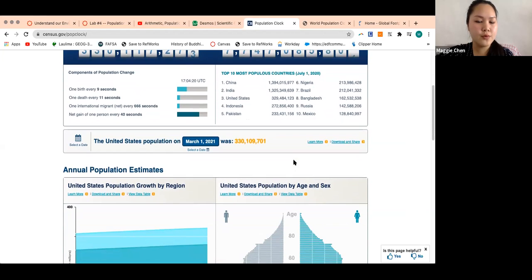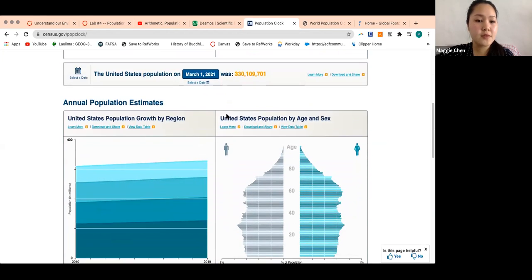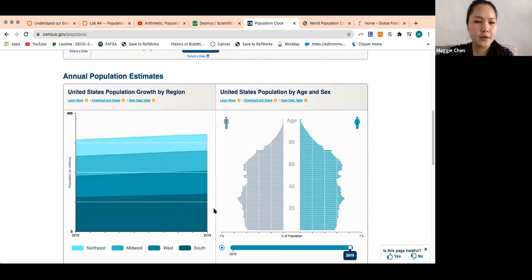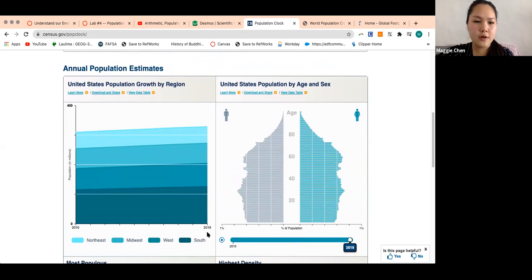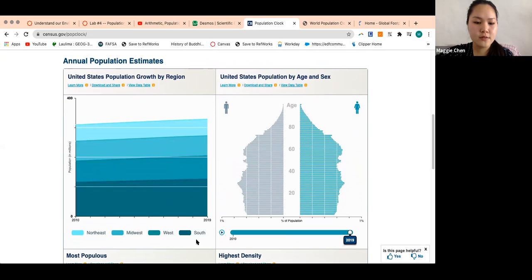If we move down, it gives us more background information for the United States, like the population growth by region: Southwest, Midwest, and Northeast. We can also scroll and see the United States population divided by age and by gender.